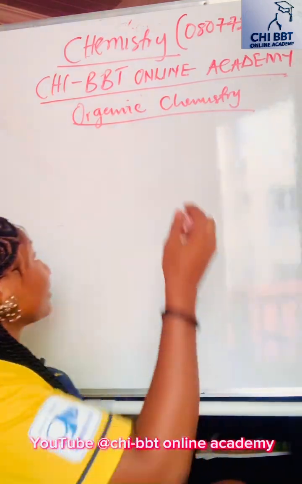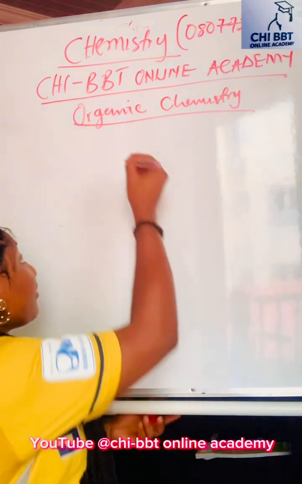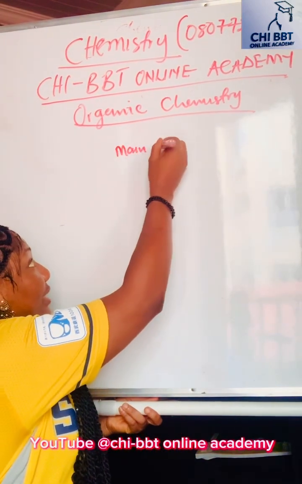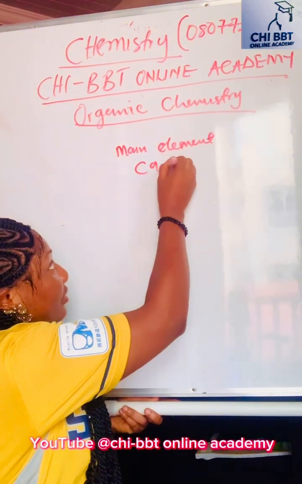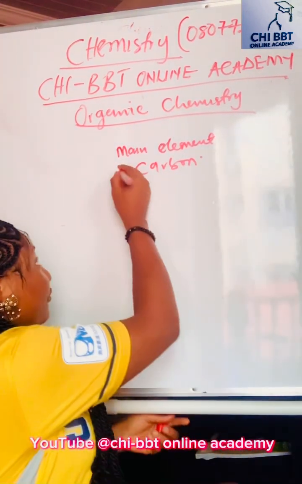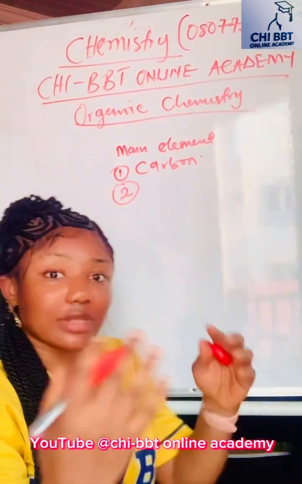So let's write. Mainly, organic chemistry is made up of what? First of all, the main element is carbon. Then two, there are other elements.